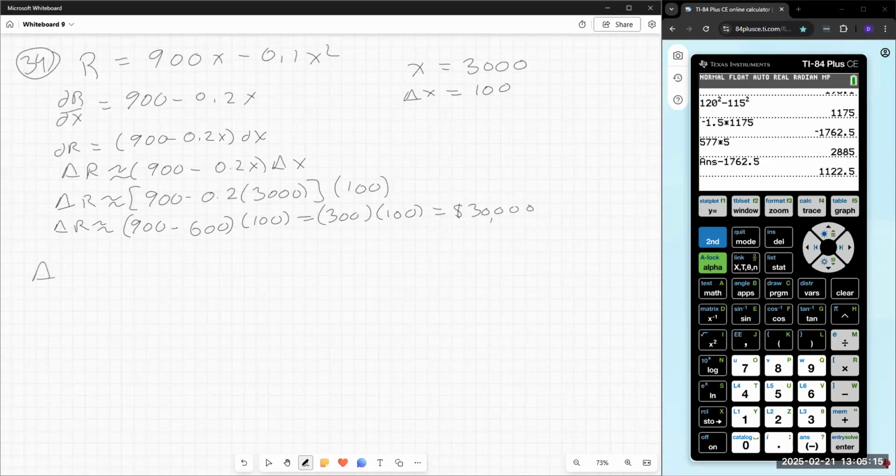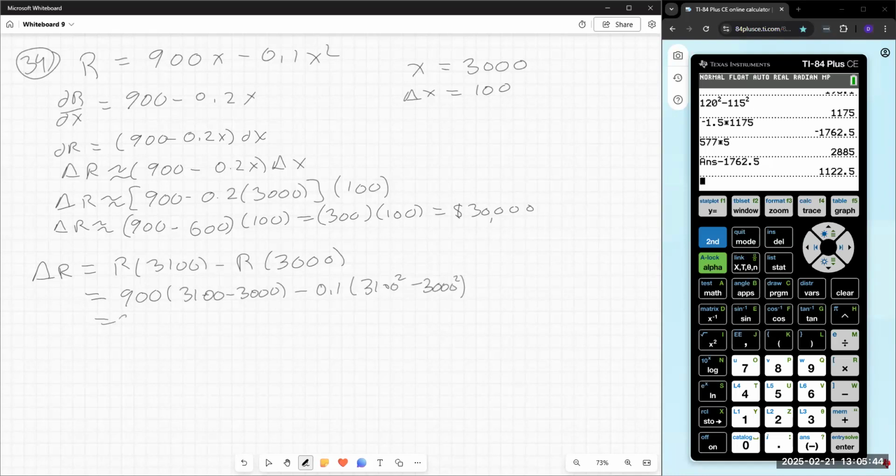And delta R is exactly equal to R of 3,100 minus R of 3,000. So that will be 900 times 3,100 minus 3,000, minus 0.1 times 3,100 squared minus 3,000 squared.